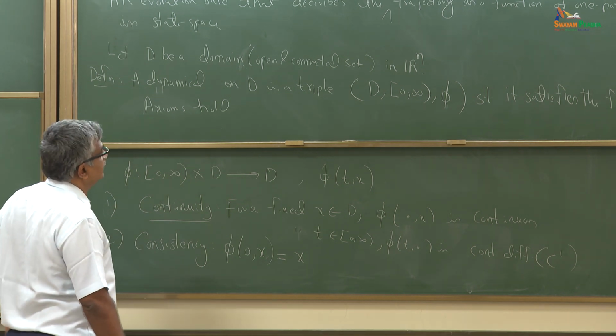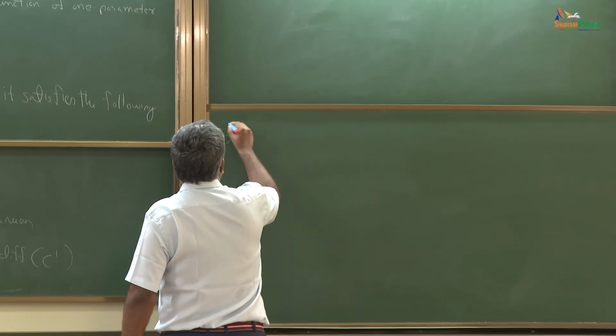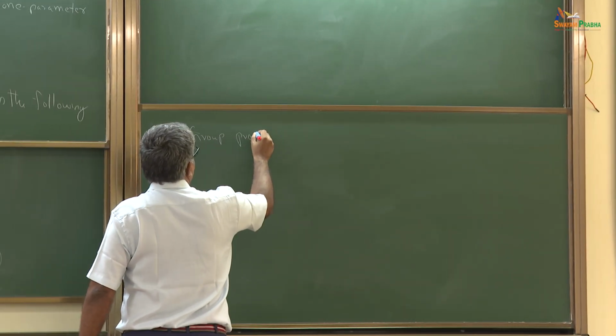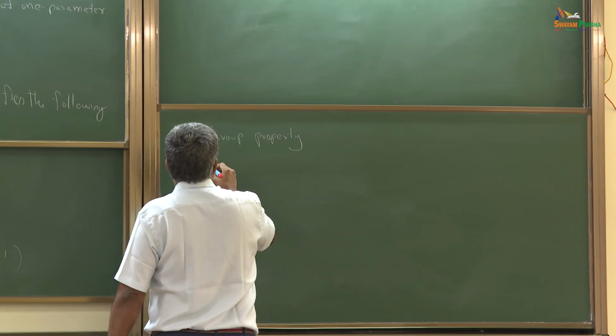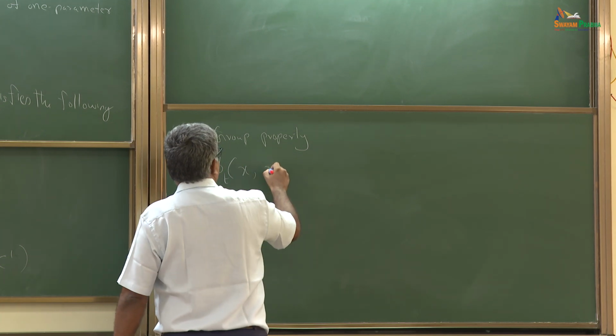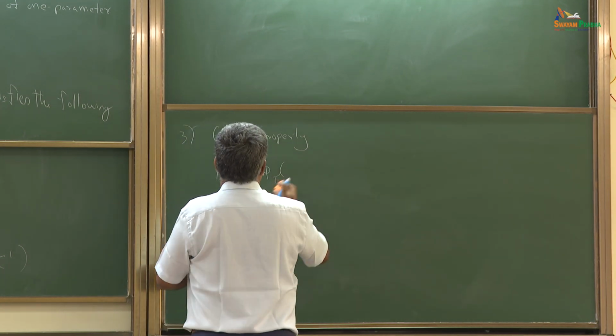And the third property is what is known as the group property, which is the most important property, or axiom. So what it says is phi of t, phi of tau, x.